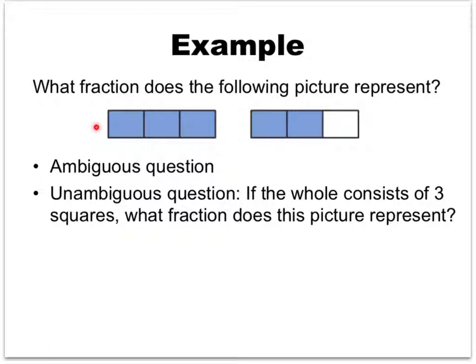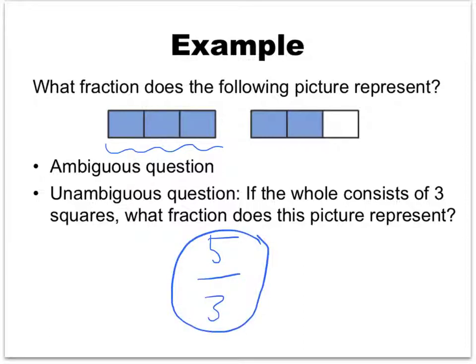And so here in this problem we have identified this as the whole, and so that whole has been broken up into 3 pieces, and so we see that 5 of those have been shaded, and so the answer to this question would be 5/3. That's the answer to this unambiguous question. It's unambiguous because we have defined the whole as consisting of just 3 individual squares.